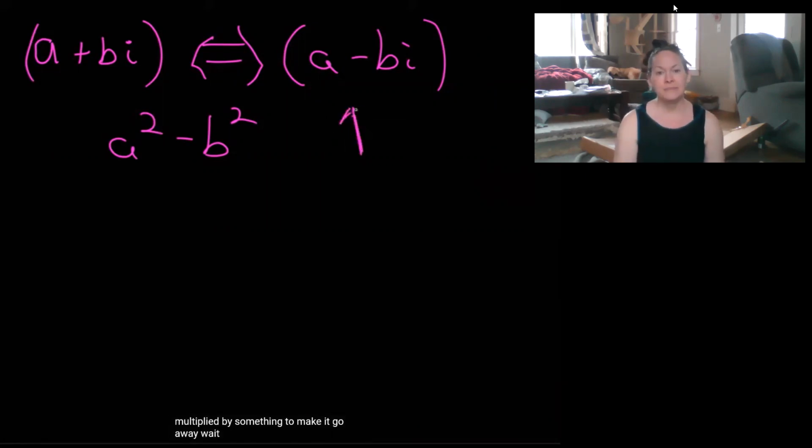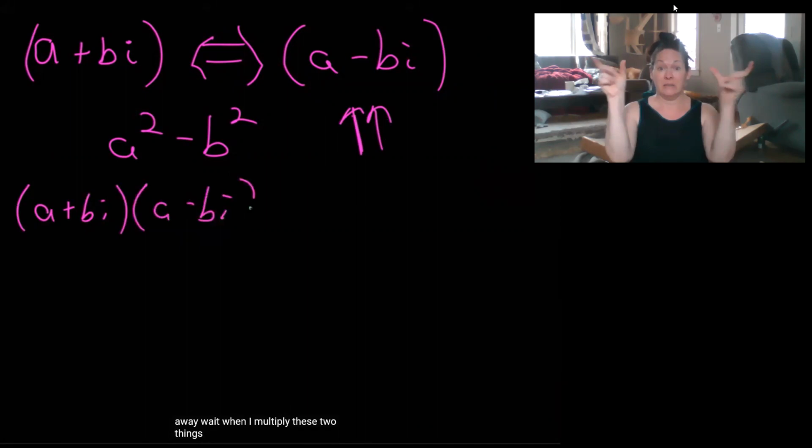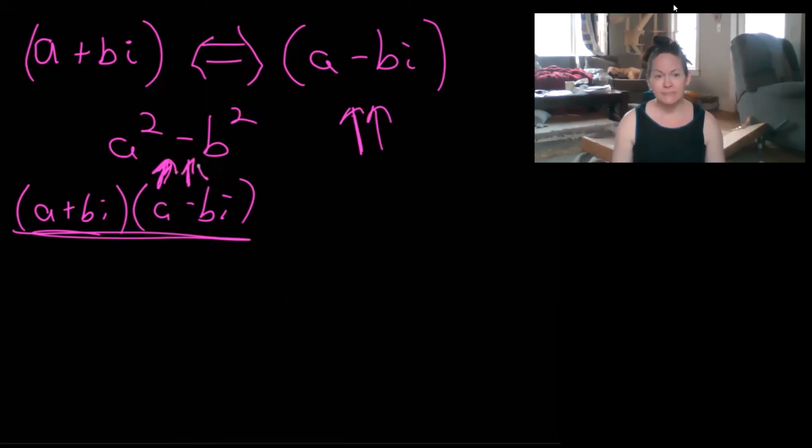When I multiply these 2 things, the imaginary part goes away. So things with imaginary parts come in what we call conjugate pairs.